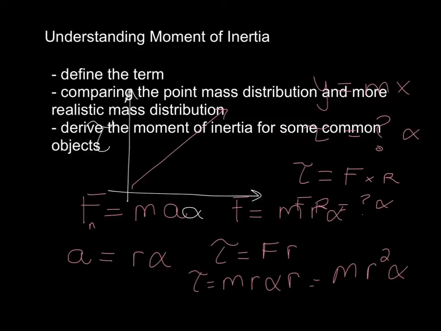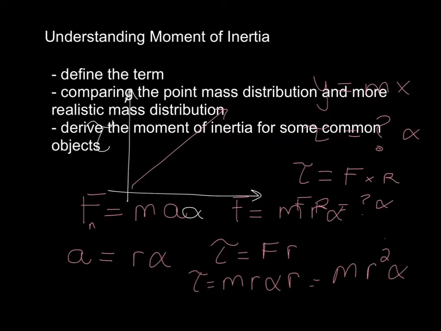So I'll say that again. Inertial mass, or just mass, for translational inertia, is an object's ability to resist linear acceleration. So it's a resistance to a change in the motion of the object. And what is that? That's the m.